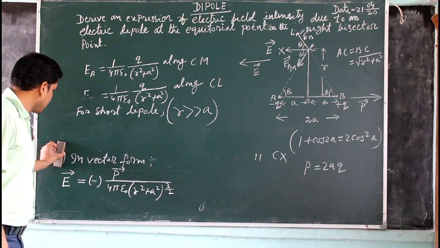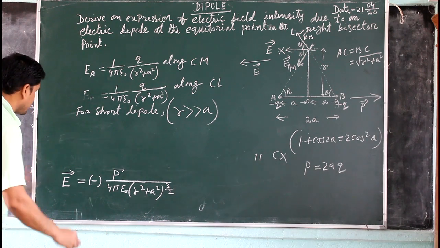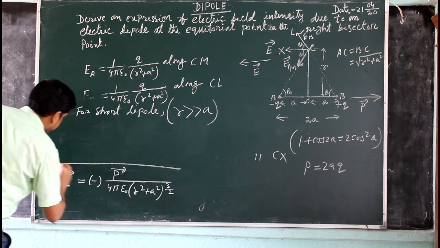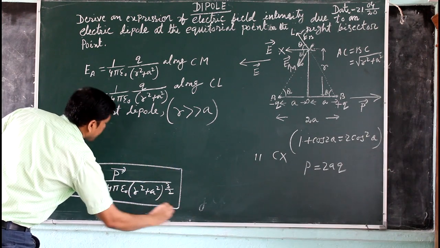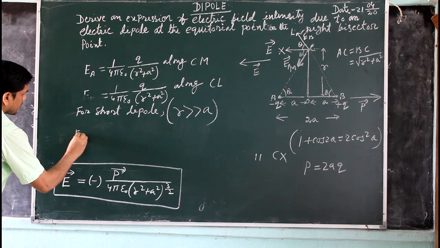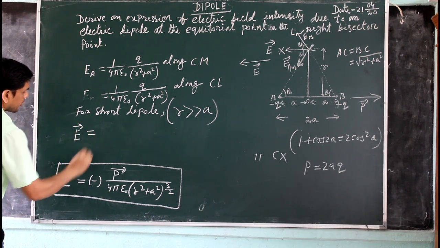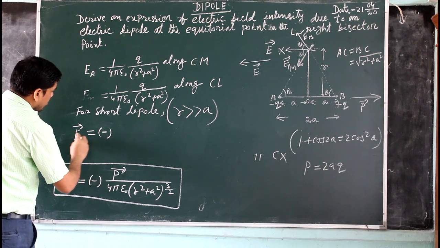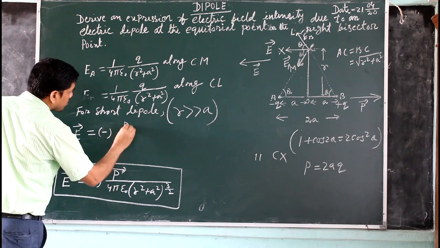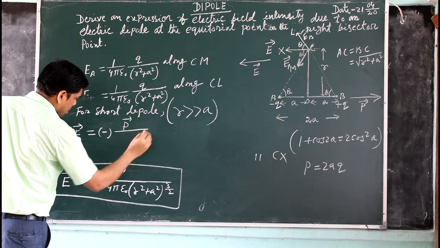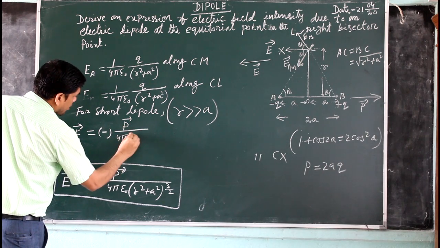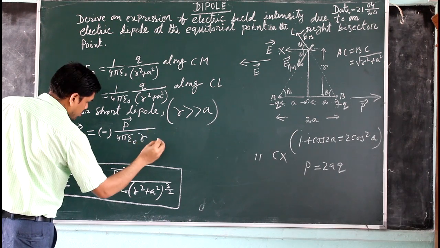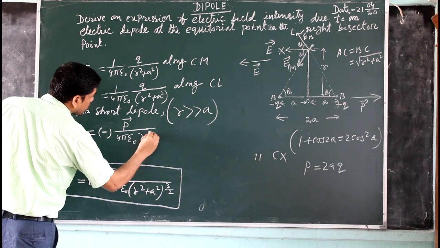So in that case, the expression of electric field intensity becomes vector E equals minus vector P by 4 pi epsilon naught r to the power 3.